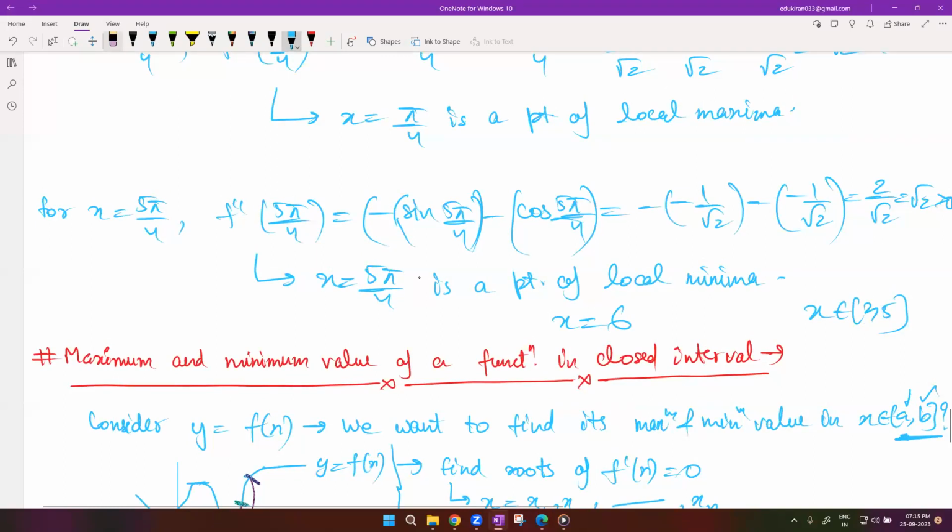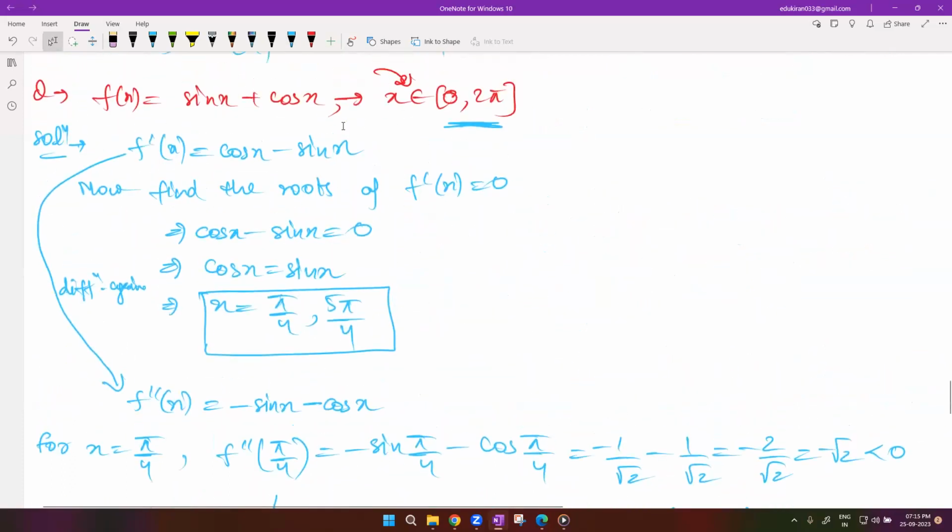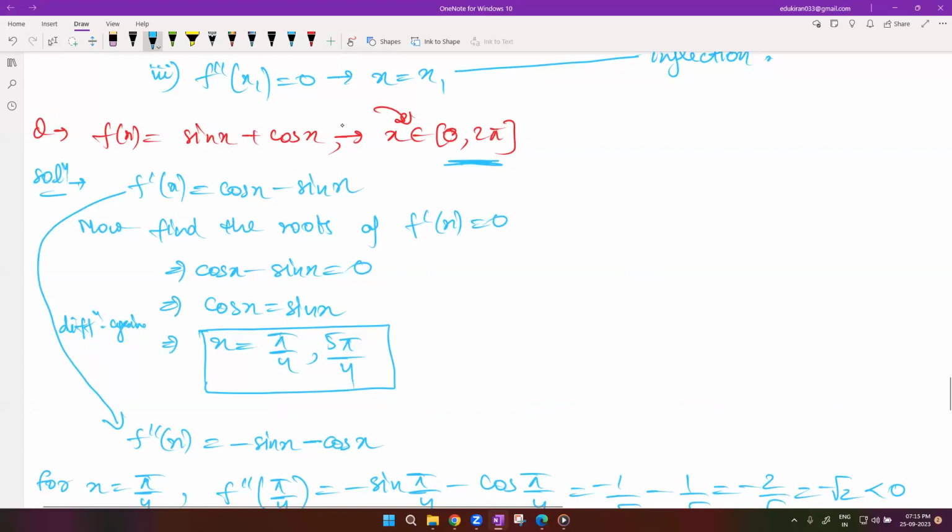In the last question, we were given an interval from 0 to 2 pi. Right?